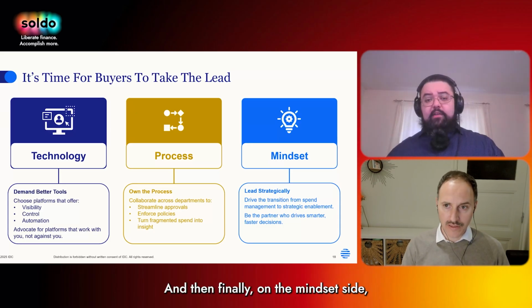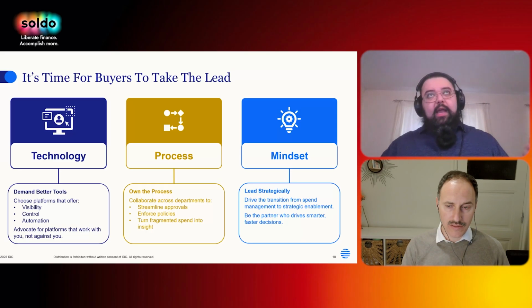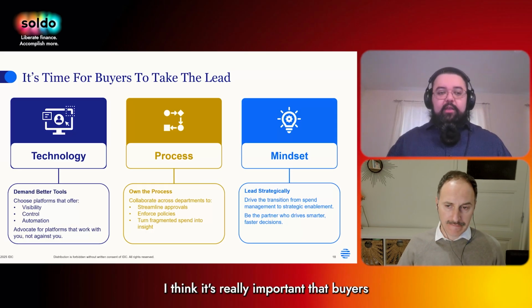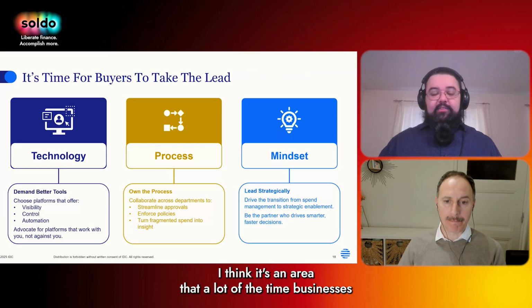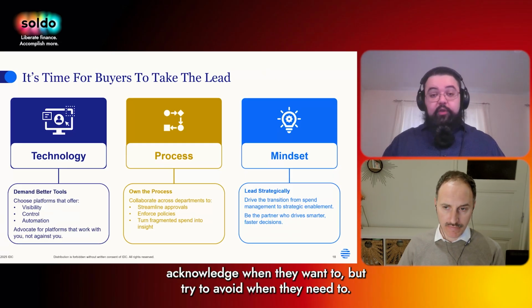And then finally, on the mindset side, I think it's really important that buyers embrace and emphasize their strategic potential. It's an area that a lot of the time businesses acknowledge when they want to, but try to avoid when they need to.